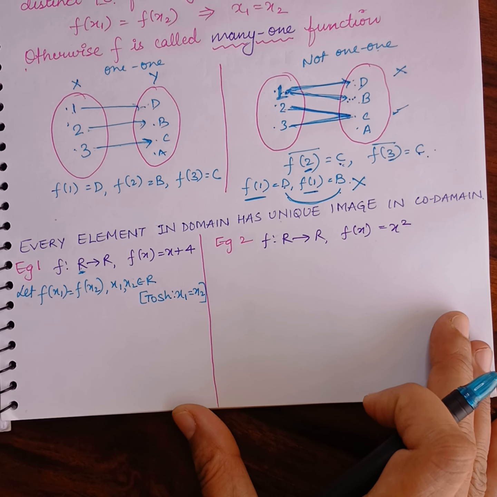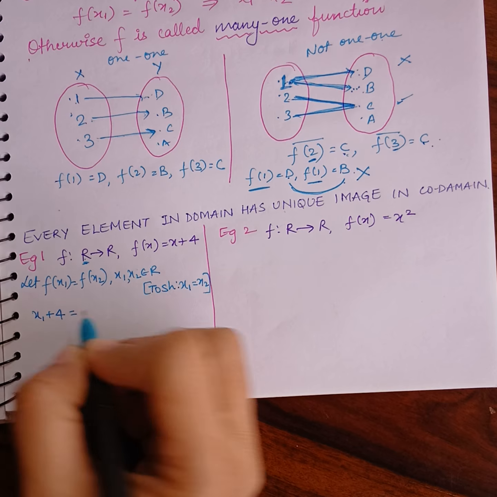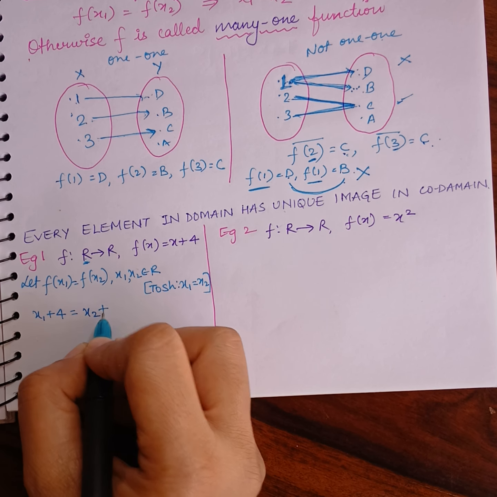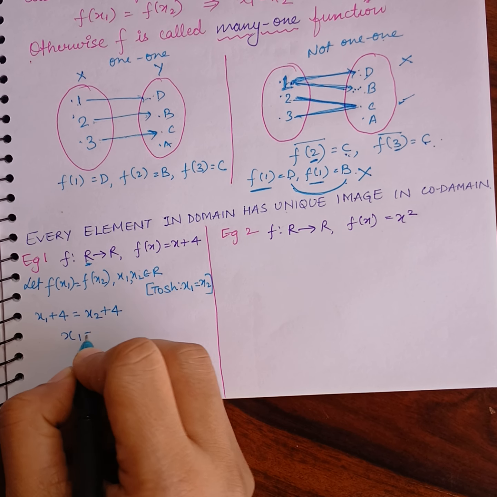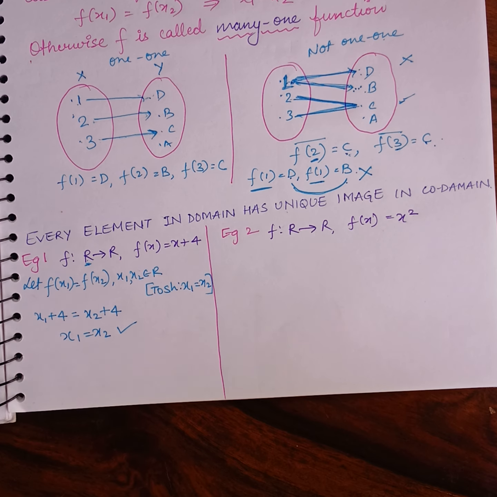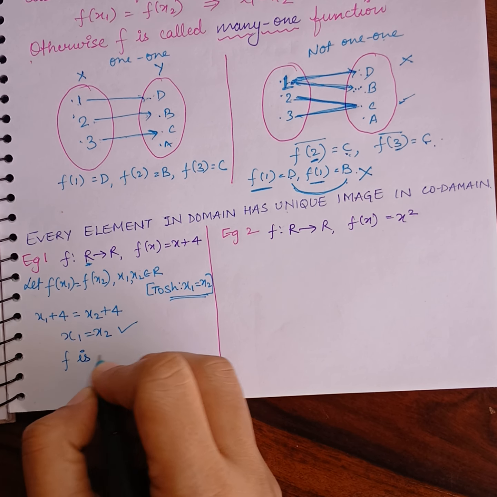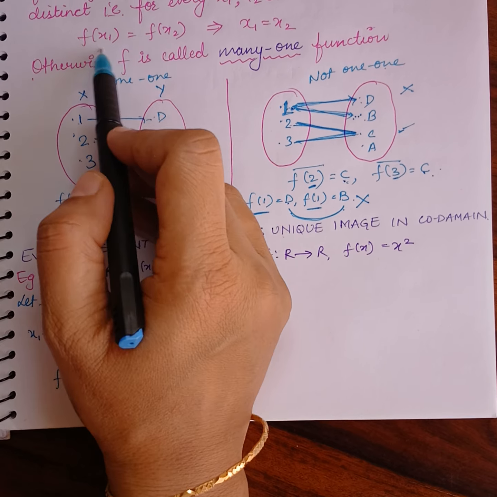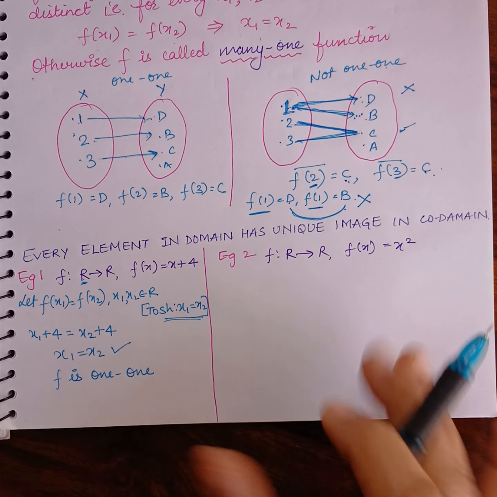Now, f(x1) will be x1 plus 4 because f(x) is x plus 4. f(x2) is x2 plus 4. Now, 4 and 4 can be cancelled and I will get x1 is equal to x2. So, this is what I need to show to prove that f is 1-1. So, f is 1-1 because we started from f(x1) equal to f(x2) and landed on x1 equal to x2.